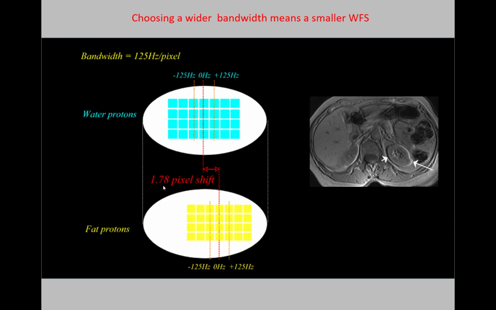Now we only have to move 1.78 pixels to find a fat column that has the same precessional frequency as a given water column, which, if you remember in the previous slide, at the narrower bandwidth, we had to move 3.6 pixels. Okay, so by moving to a wider bandwidth, we've reduced our chemical shift artifact, or the appearance of the chemical shift artifact.